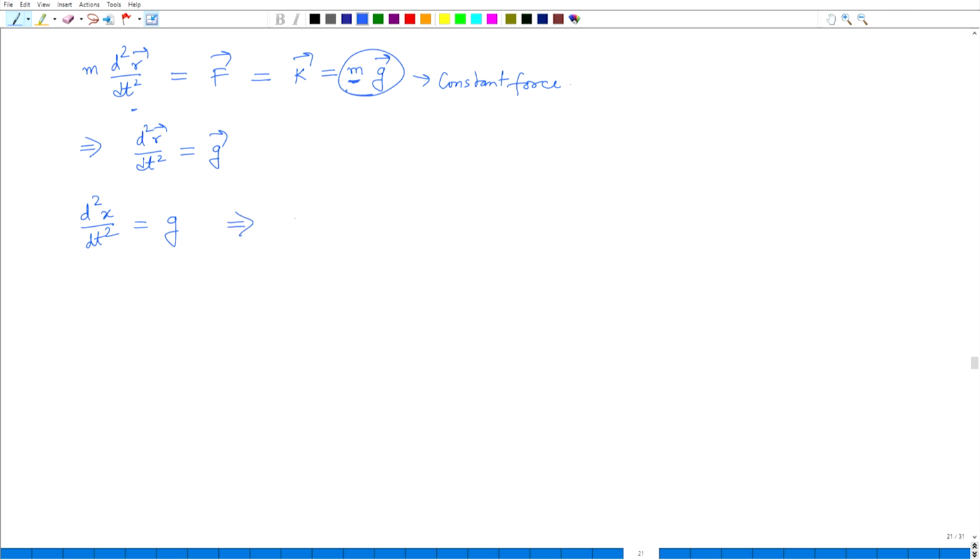And now I am simply saying that this g is a constant. So, for this 1D motion, I can write this part as d/dt of dx/dt is equal to g.